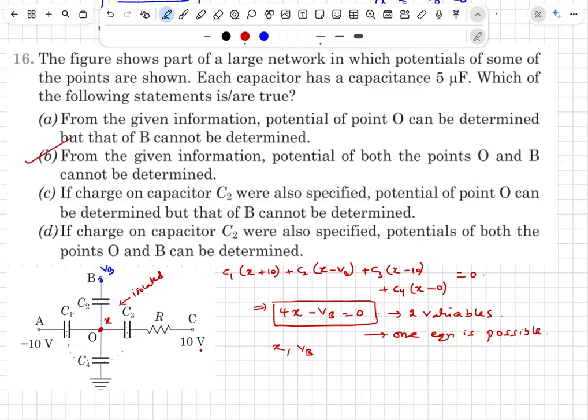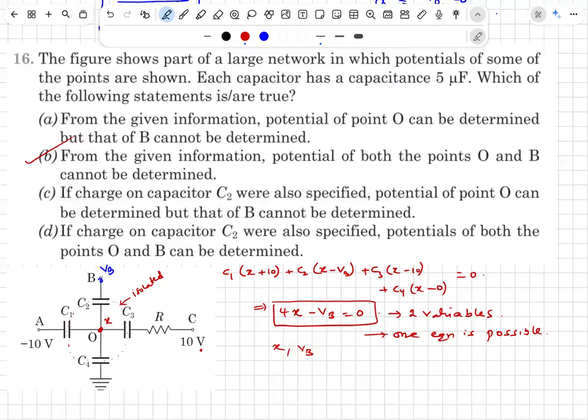If the charge on capacitor C2 were also specified, potentials of both the points O and B could be determined. Yes, that's true. Because by knowing that, I will know X minus VB independently as another equation. We have 4X minus VB is equal to 0.